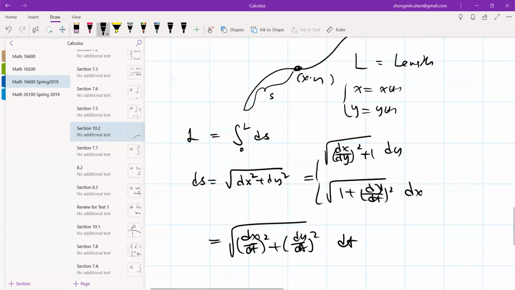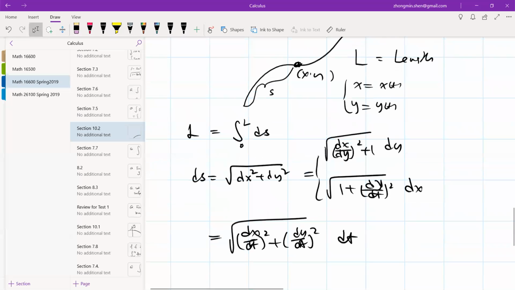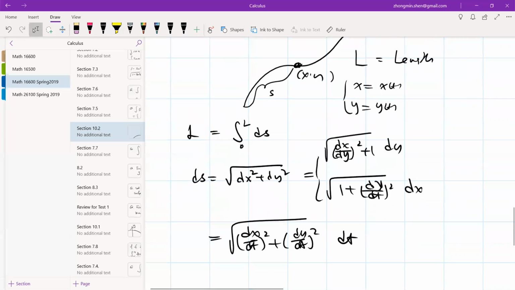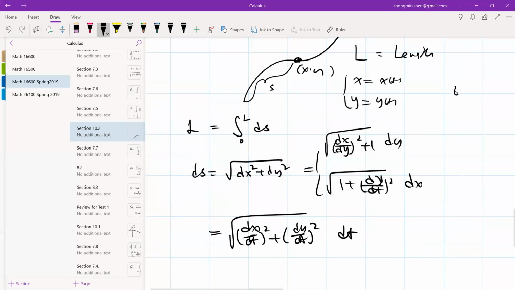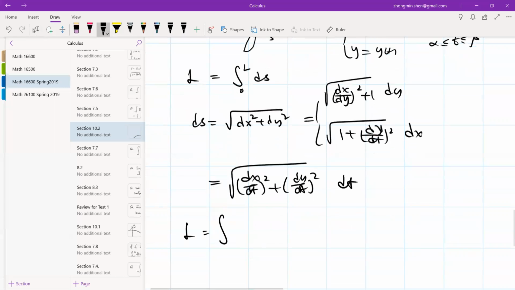So this is another way to express ds. If you know how to parameterize the curve, and you already know the interval from alpha to beta, then the length is going to be the integral of the square root of x prime of t squared plus y prime of t squared dt, where t is from alpha to beta.